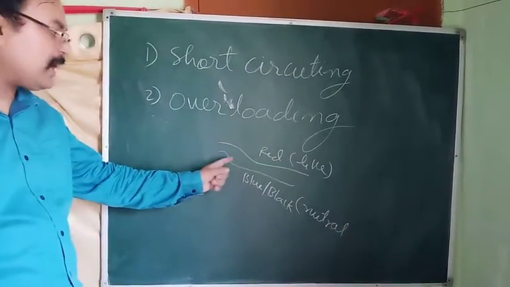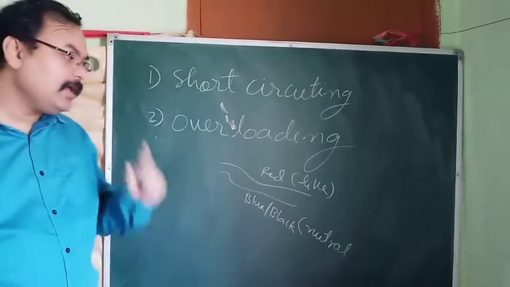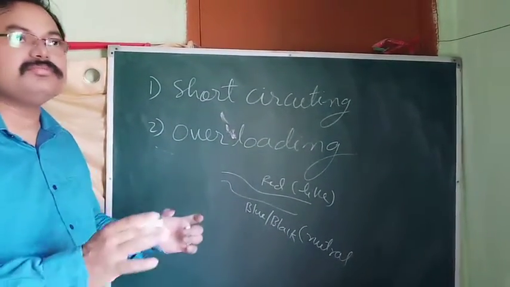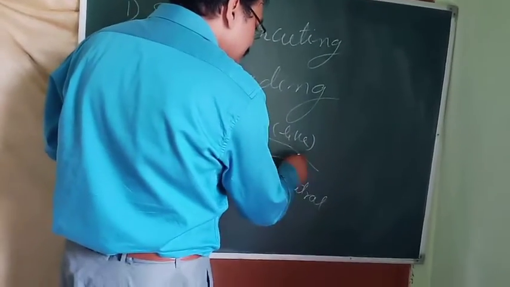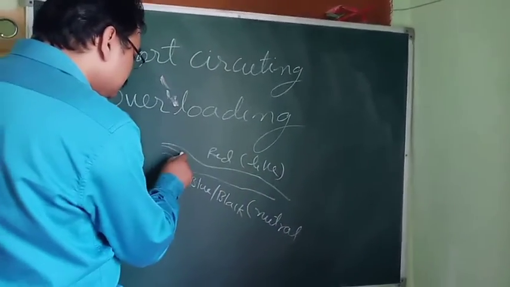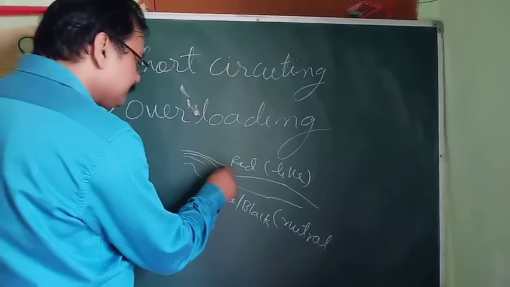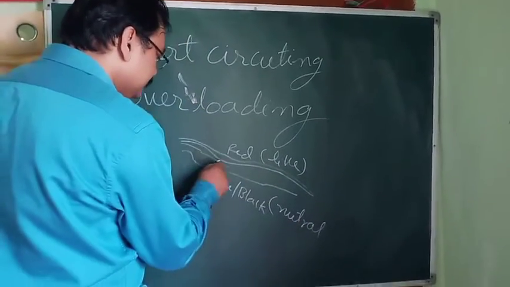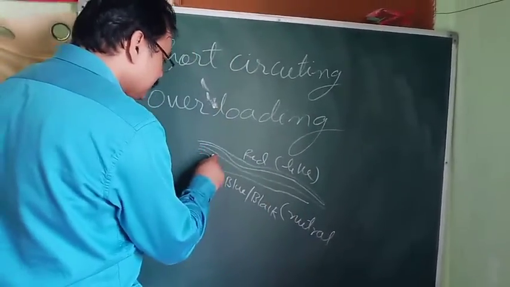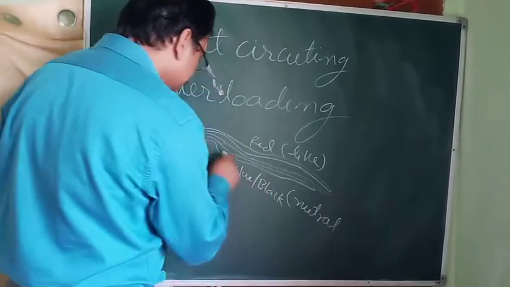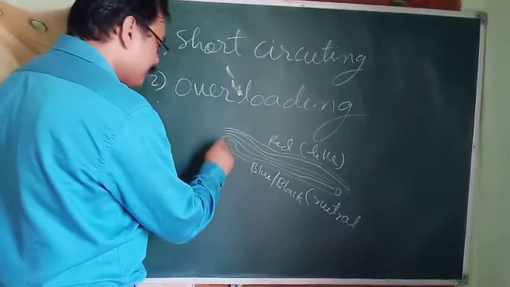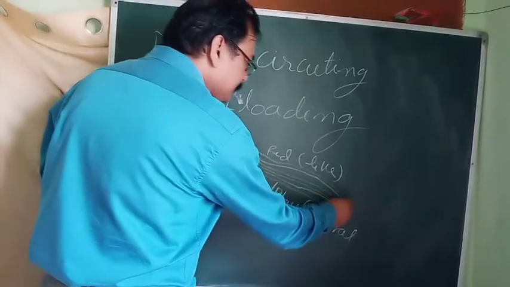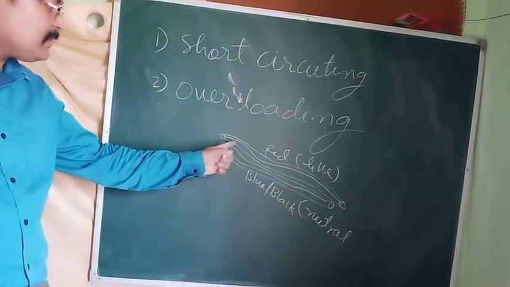These both wires have got insulation over them. This is the insulation, it is heavy. This is also having insulation. The wire is at the center of this.